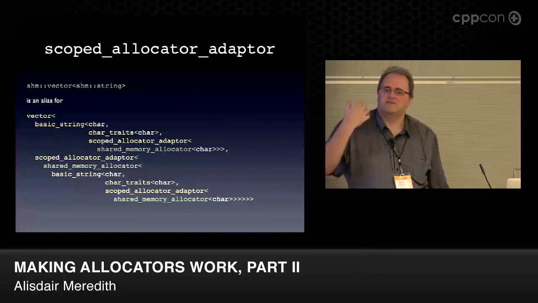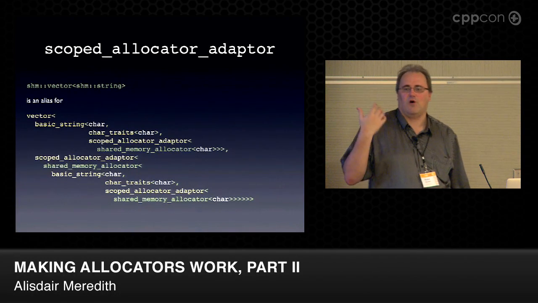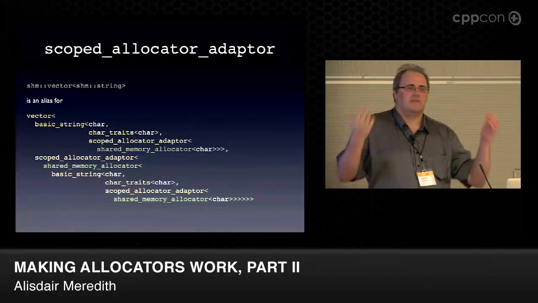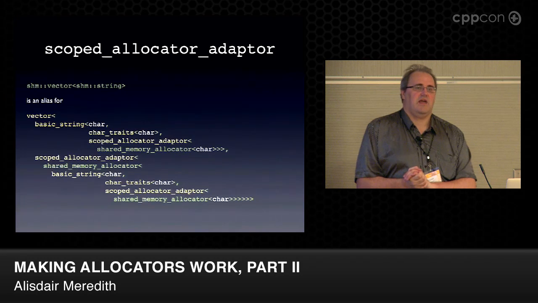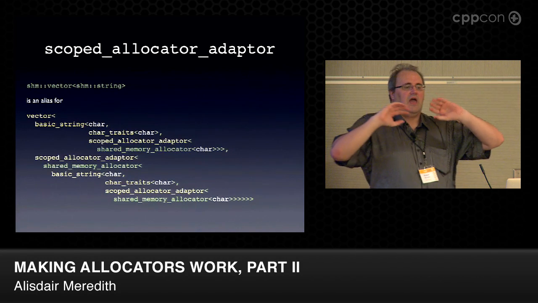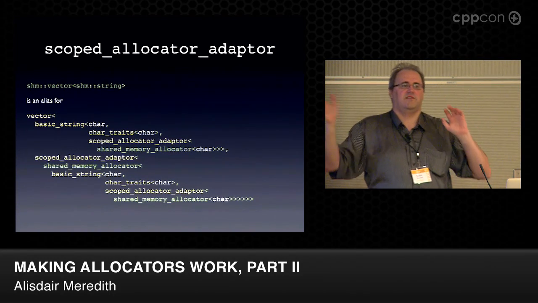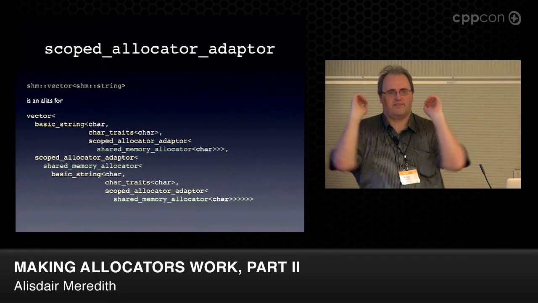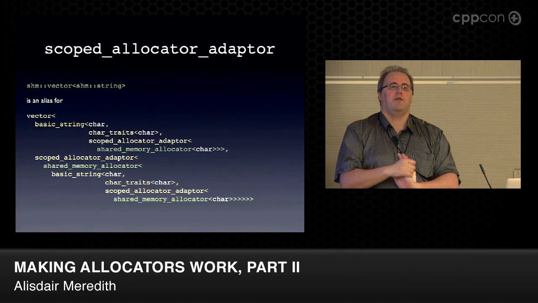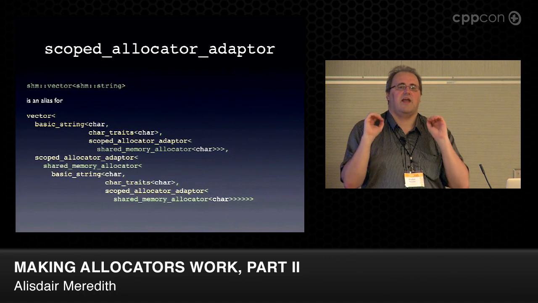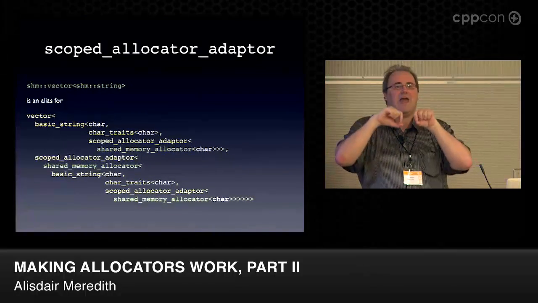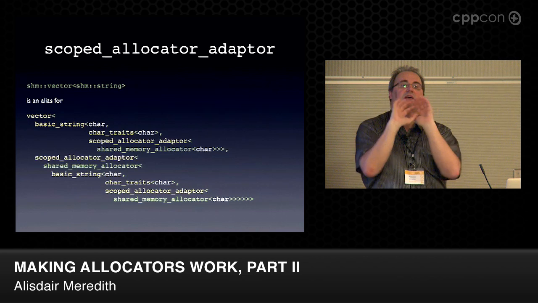So the question is that the rebind interface often doesn't solve all the problems of the world. So the rebind interface we have is very handy for when I've got allocators of the same type interoperating on different element types they create, because the rebind will tell me the type of the allocator I want, and all the allocators will be able to construct from any other allocator of the same family from that same template.